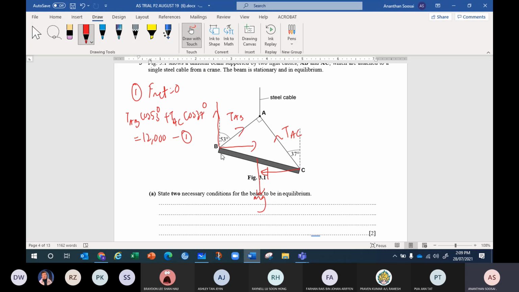Their components must be balanced. That means TAB sin 53 must equal TAC sin 37. In this case, by just using net force 0 vertically and horizontally, you can get two equations without going for moment. Two equations, two unknowns, you can solve it.